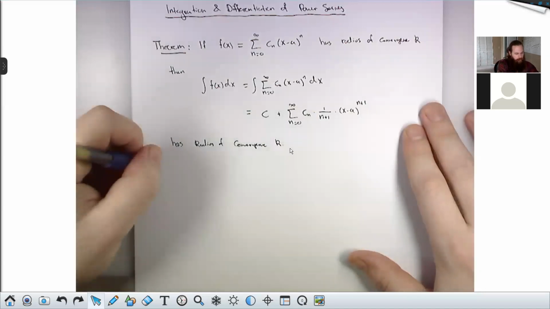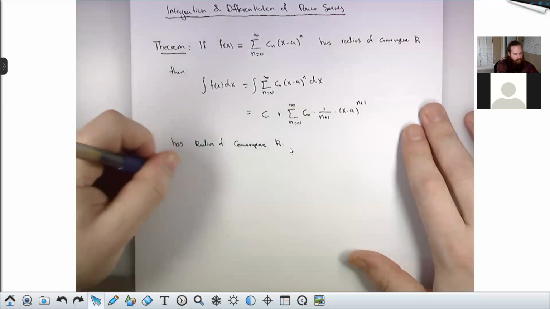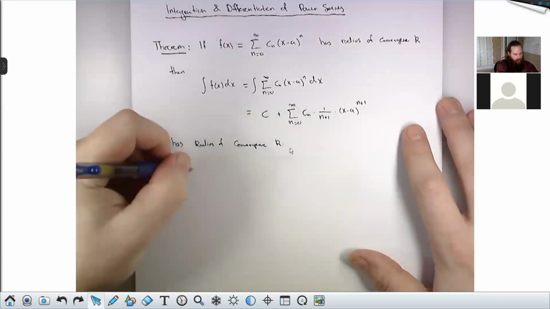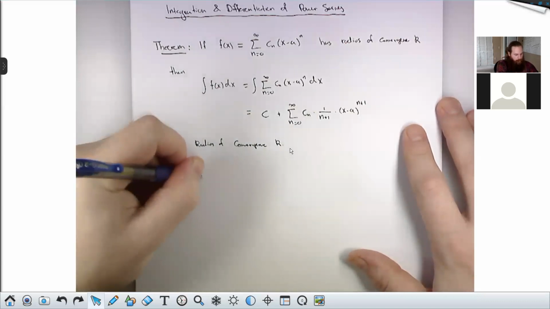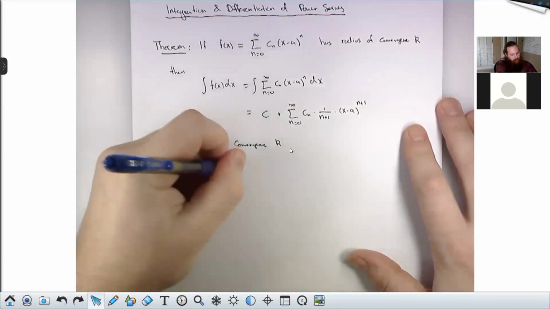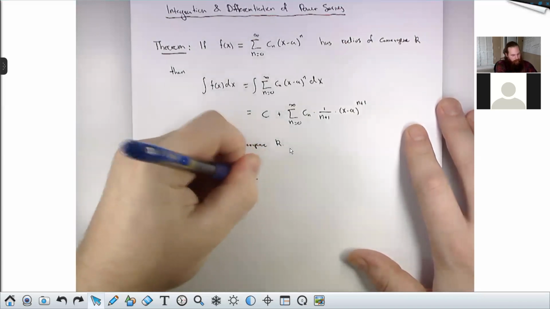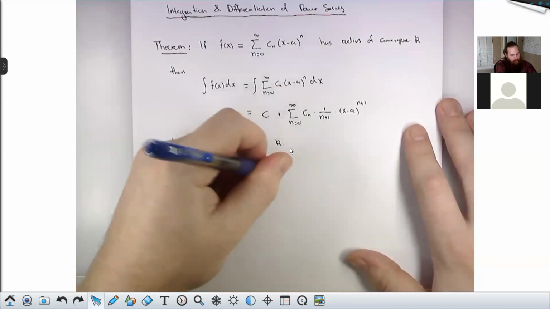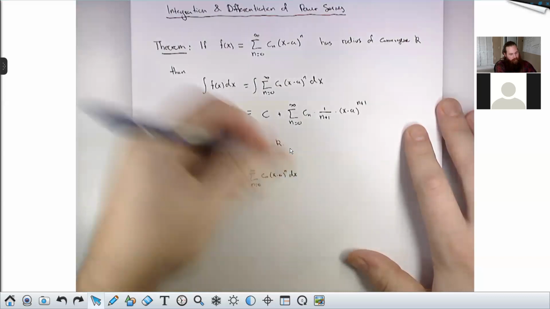Proof. The integral of f of x is the integral of the sum from n equals 0 to infinity of Cn (x minus a) to the n, dx.